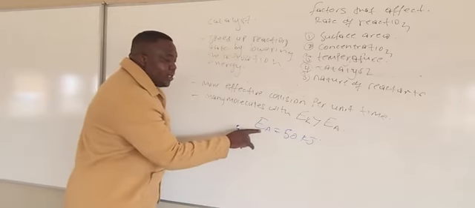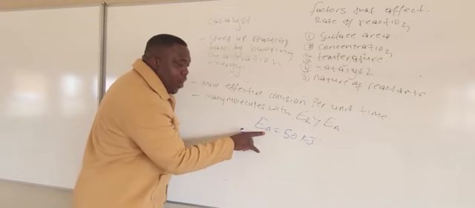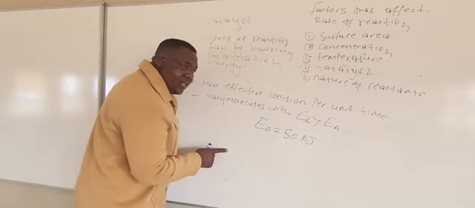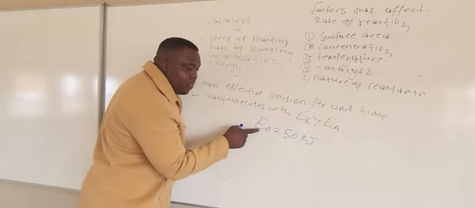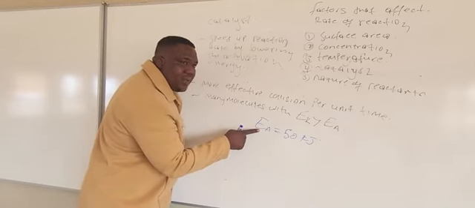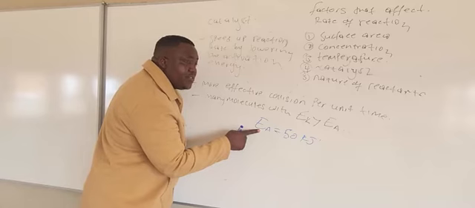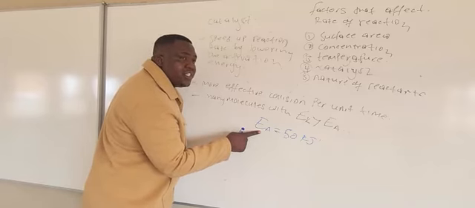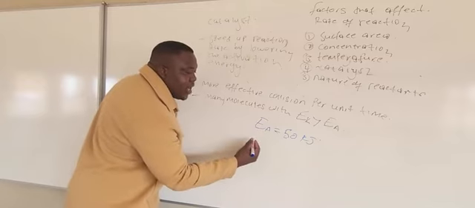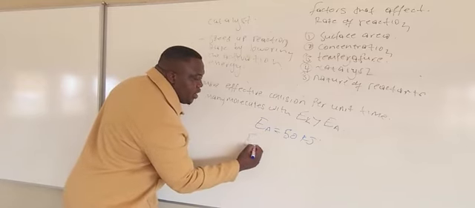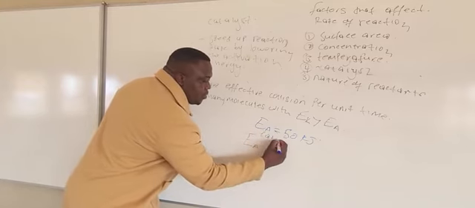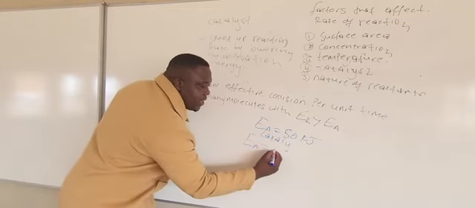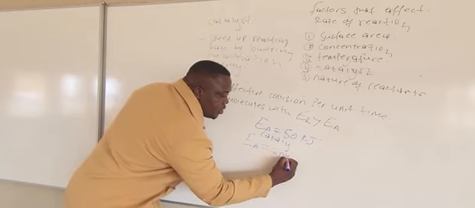The catalyst will come and find that, oh, the activation energy is 50 kilojoules. The catalyst will say, oh, this reaction will not occur because to get 50 kilojoules, it will be difficult for this reaction. Let me make this reaction to be fast. The catalyst will come and reduce that initial 50 kilojoules and make it 20 kilojoules.